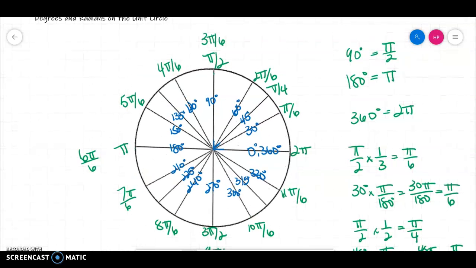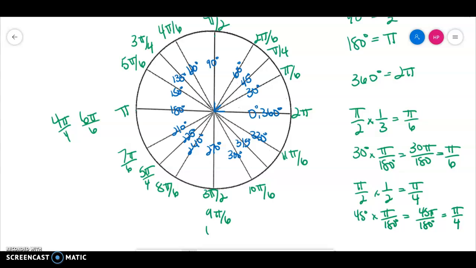And then I would have 2 pi over 4, 3 pi over 4, 4 pi over 4, 5 pi over 4, 6 pi over 4, 7 pi over 4, and it would finish at 8 pi over 4.